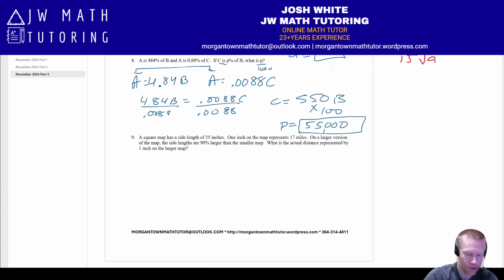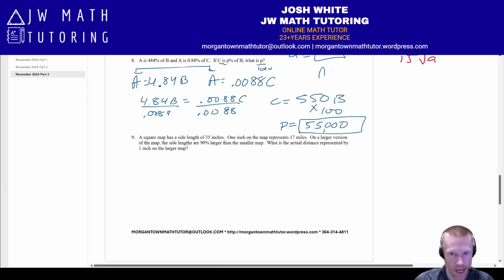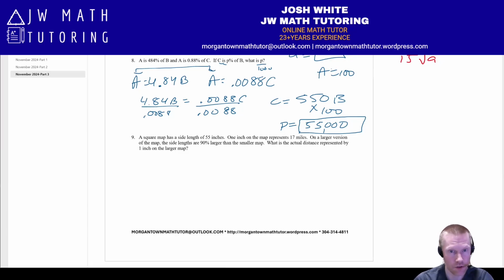Now, you can do this problem entirely in Desmos, but it does still require a little bit of work. Basically, if you're going to do this in Desmos, I would start with A as 100 as the number I picked, and then take these first two equations.